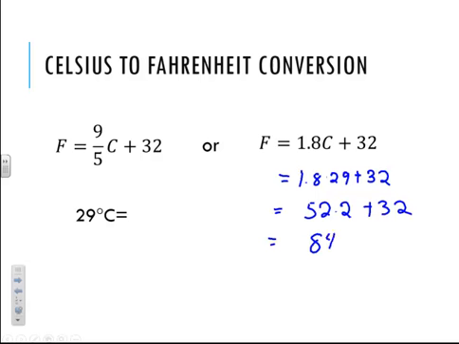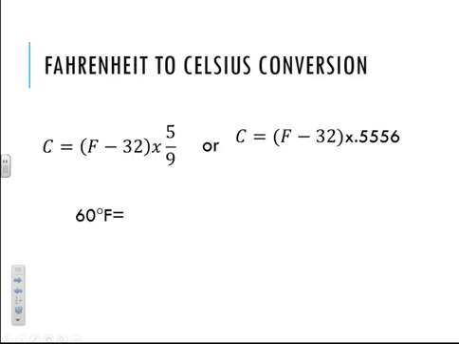And the answer is 84.2 degrees Fahrenheit. When we're working with temperatures, we would normally go to the first decimal point if there's any rounding involved. So this one we'll just leave as 84.2 degrees.